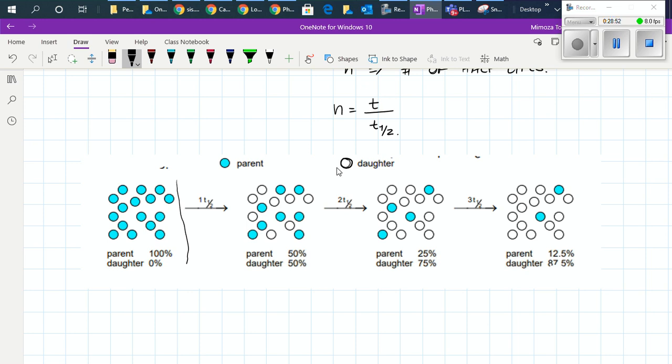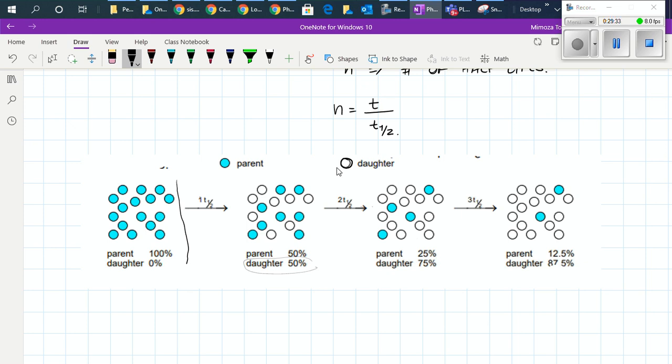However, when we have one half-life, which may be years, even decades, or maybe minutes, then half of the nuclei are now becoming daughter nuclei, and half are staying as parent nuclei. And then when we have two half-lives, 25% are staying as parent nuclei, and 75% are becoming daughter nuclei.